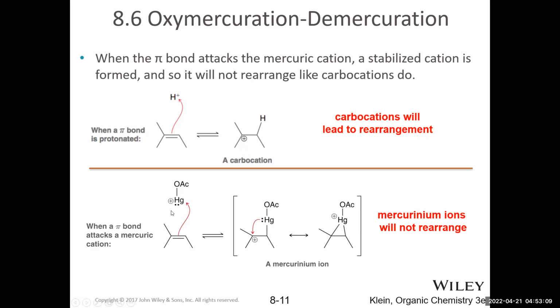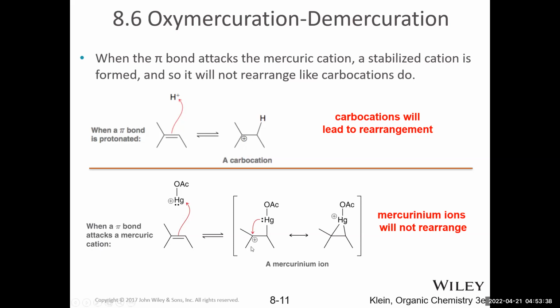mercuric cation, and herein lies the difference. When the pi bond acted as a base to pick up a proton, a true carbocation is formed. True carbocations can lead to rearrangement in some cases. Whereas when the pi bond acts as a Lewis base and attacks the mercuric cation, a true carbocation is not what is formed.